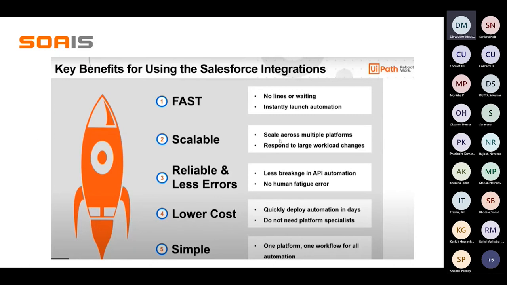But in the Salesforce integration, we can call them all together, and the UiPath activity itself has the capability to create a batch of 25 records at a time, process them, and then come back to us, giving us a data table as output. It shows what has been updated in Salesforce, and then it sends the next batch of 25 records. So it is very efficient in responding to large workload changes.